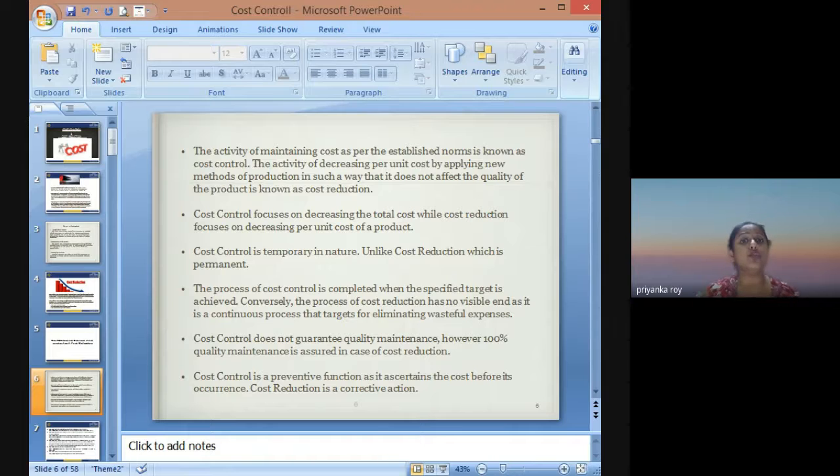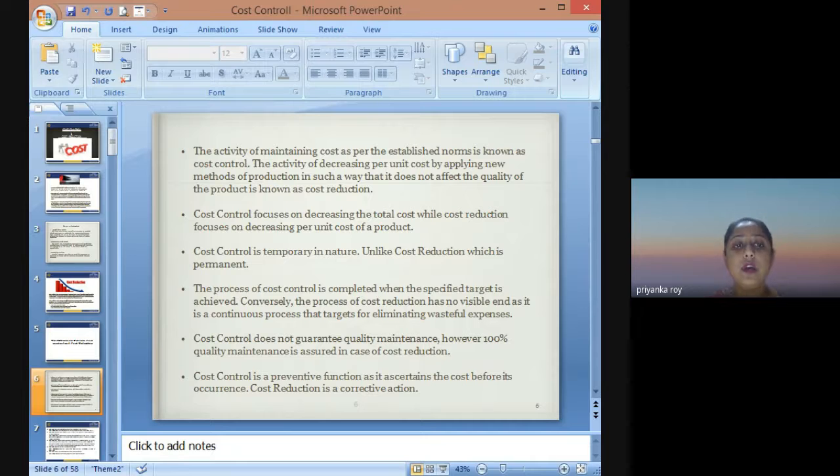Cost control focuses on decreasing the total cost, while cost reduction focuses on decreasing the per-unit cost of production. Cost control is temporary in nature, unlike cost reduction, which is permanent.